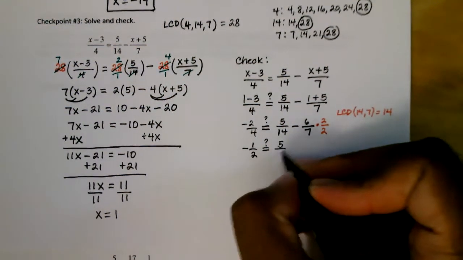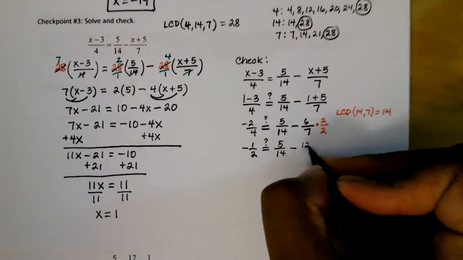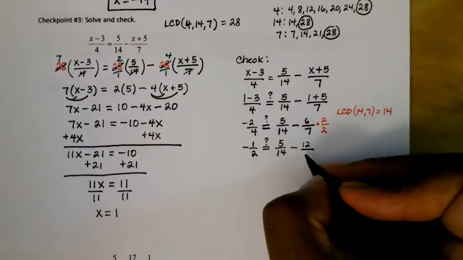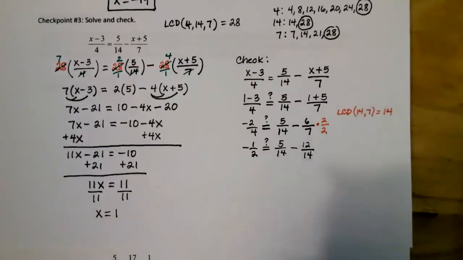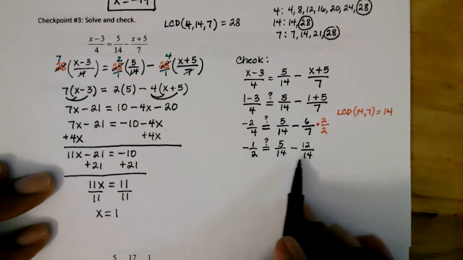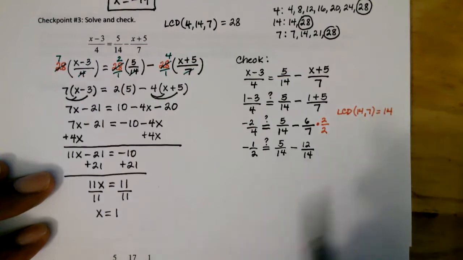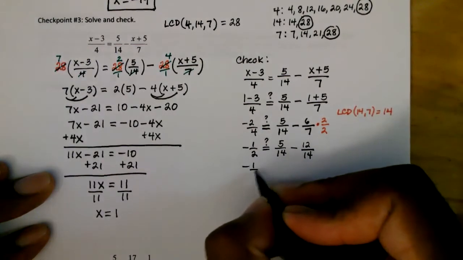So I got 5/14 minus 6 times 2 is 12 over 7 times 2, which will be 14. Now, I have like denominators. I can subtract the numerators. 5 minus 12 will be negative 7.